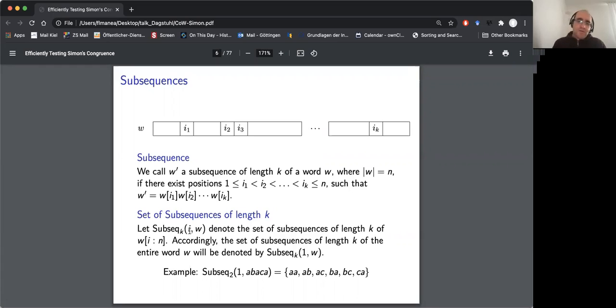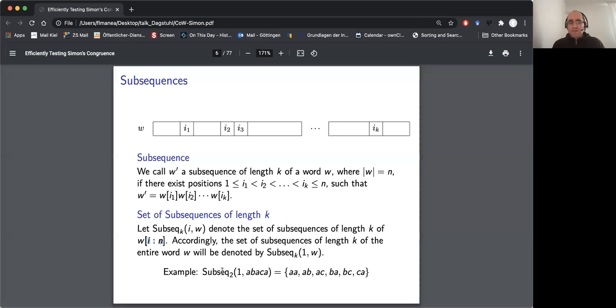And in this particular talk, we will make a short difference, and we will talk about the subsequences that start on position i of the word W. So basically, Subseq_k(i, W) will be the set of subsequences of length k of the word considered from the position i on, so to the right of position i, including position i.